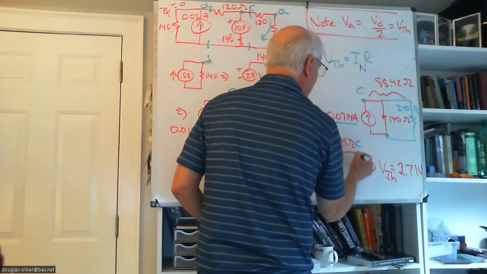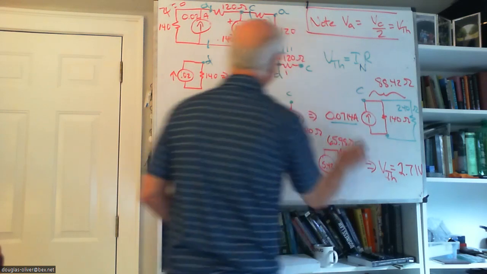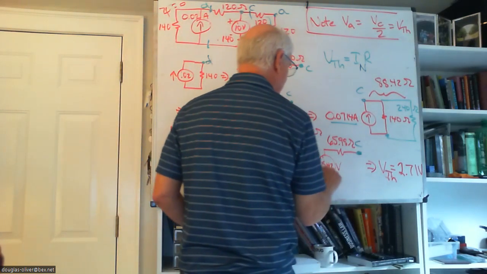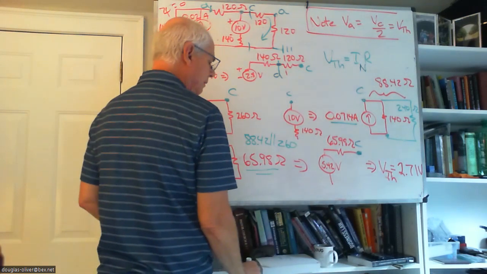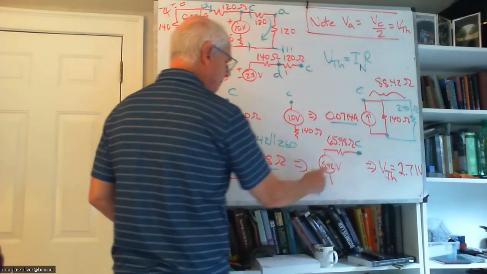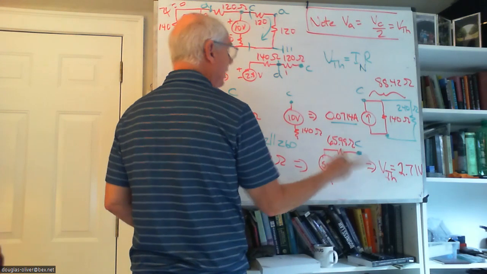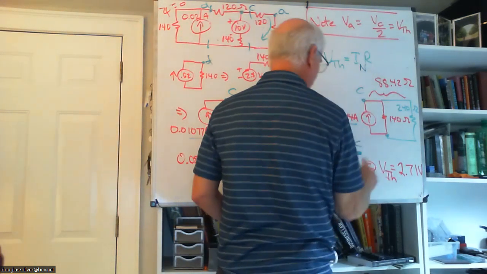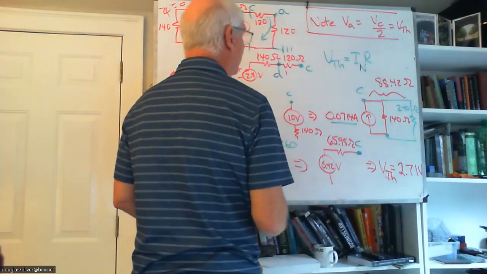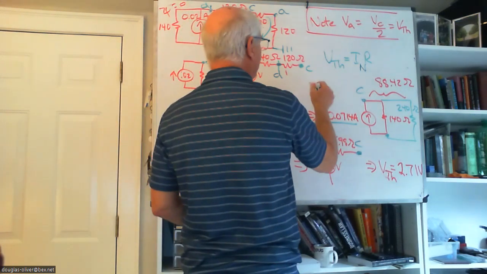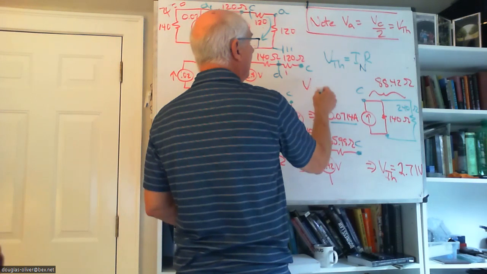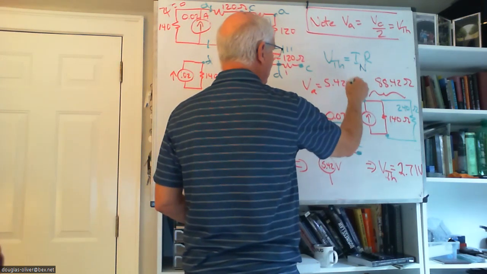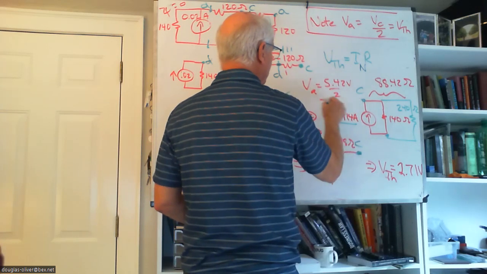Well, that's going to be what is voltage C when there's no other load on there. Voltage C is just going to be this 5.42 volts. So that's voltage C. Well, divide that by 2, and we're going to get voltage A equal to 5.42 volts divided by 2.